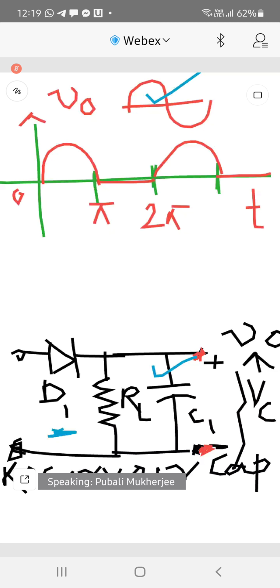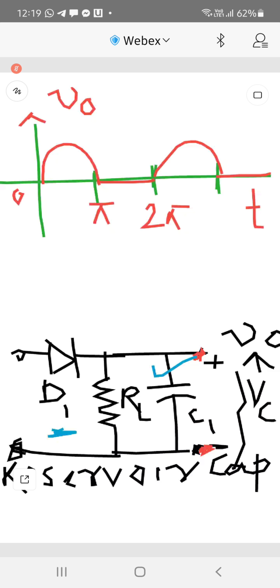be charged. And when the voltage across the diode, that means I need to draw a larger diagram. Wait, I'll use the space. Let me draw it to scale.